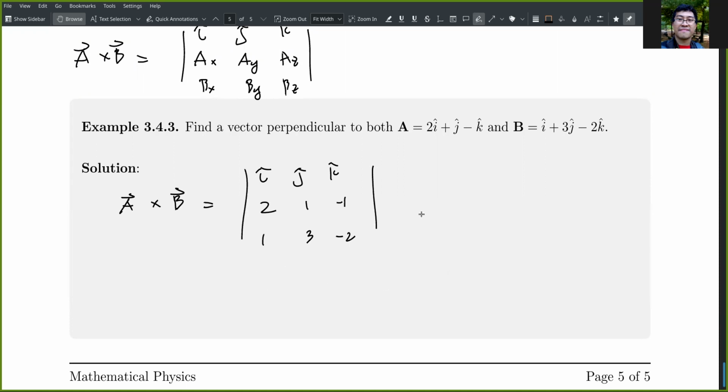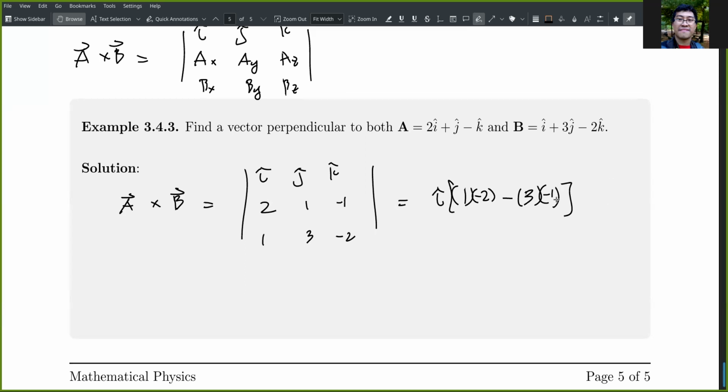So this is simply multiply, so use the first row. You have I with cofactor minus 1 to the power of 1 plus 1, so that's positive, times the determinant of, so you cross this, so you have 1 times minus 2 minus 3 times minus 1.